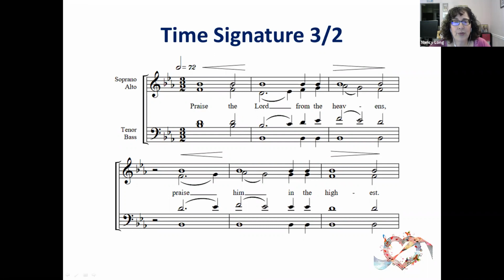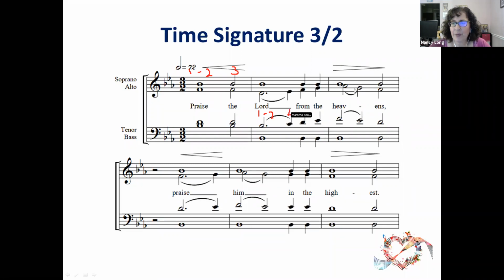So here's 1, 2, 3. And up here, there's 1, 2, and then 2 quarter notes equals 3. Or in the alto line, a dotted half note plus a quarter note equals 3 beats, or equals 2 half notes. And then this would equal the third half note.